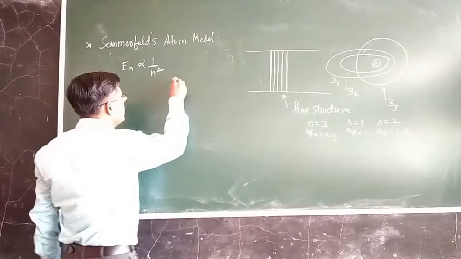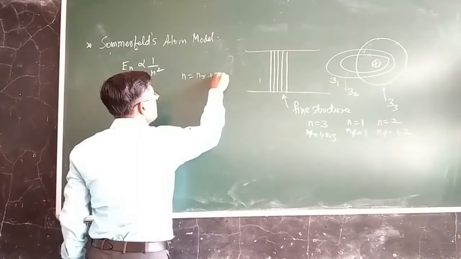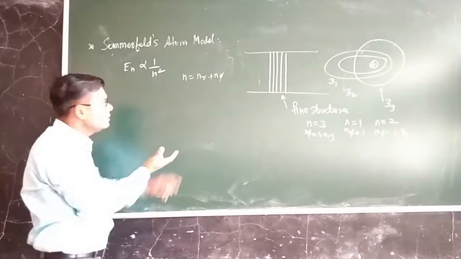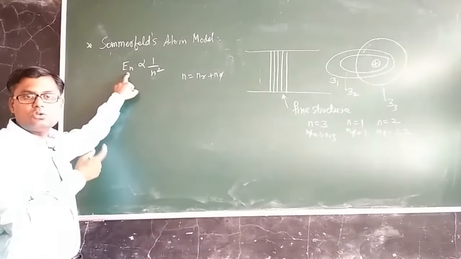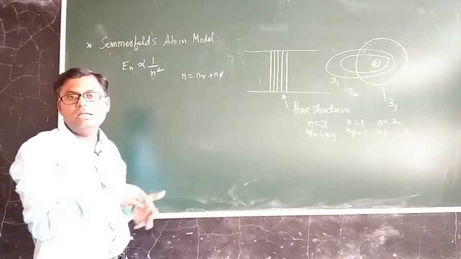Now we know that according to Sommerfeld, this principal quantum number is equal to nr plus n phi. Now if we place this identity into this, then also n will be constant only, and it means that it will have a single value of energy. So again, that is not possible, because this is not allowed in case of Sommerfeld. Different orbits means what? It should have different energy levels.